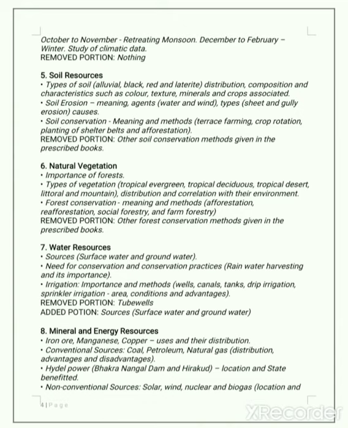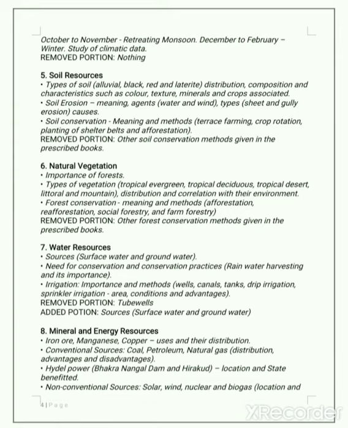Okay, you should also know the location and state benefited by these two hydel power projects, Bhakra Nangal Dam and Hirakud Dam. So you should know the location of these two dams and the states that have been benefited by these two projects.